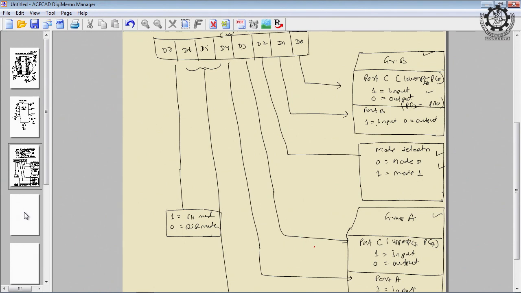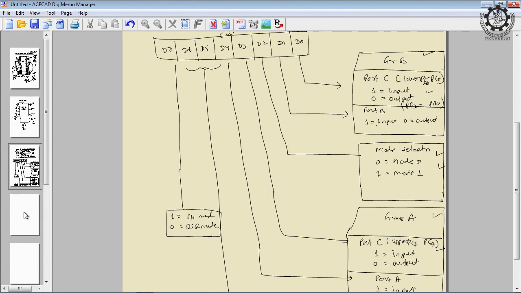Similarly, D3, if it is 1, that means port C upper, meaning the upper 4 bits of port C, will be the input port. And if it is 0, it will be considered the output port. Very simple, but these things you have to remember.